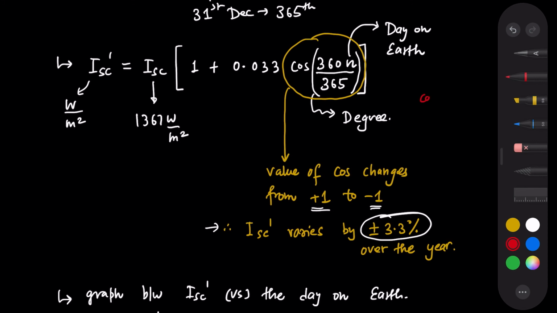So I'm considering cos of 1 degree equal to 1, because 0 degree and 1 degree are very close to each other.